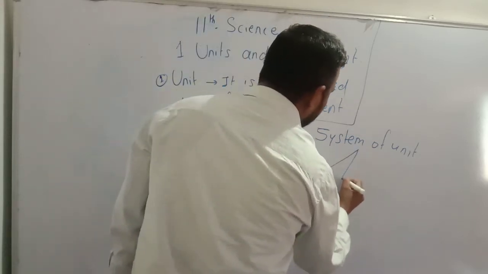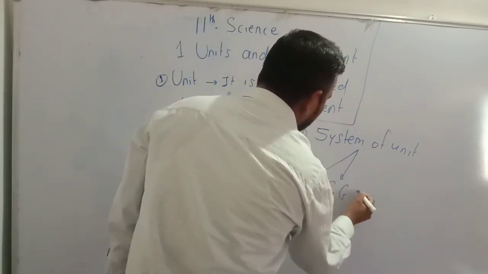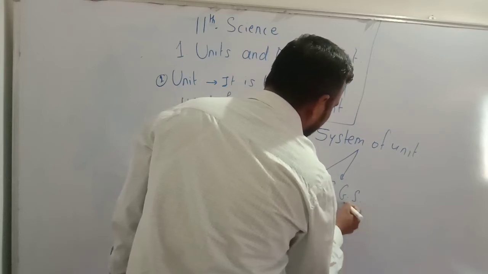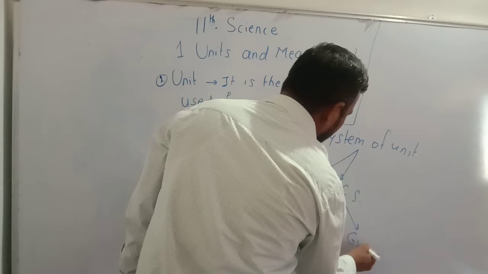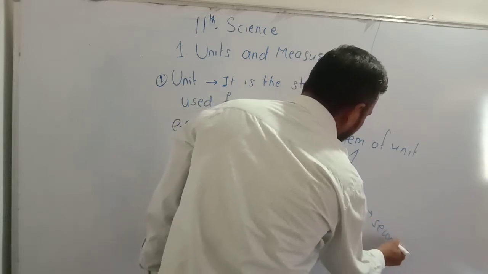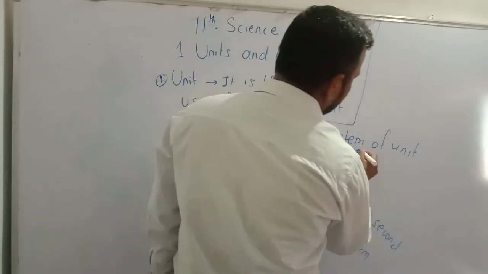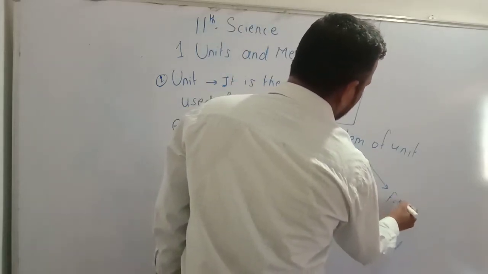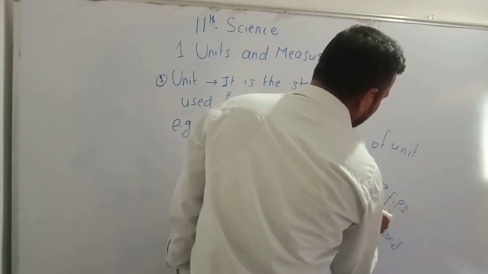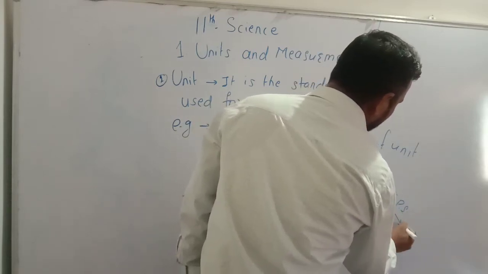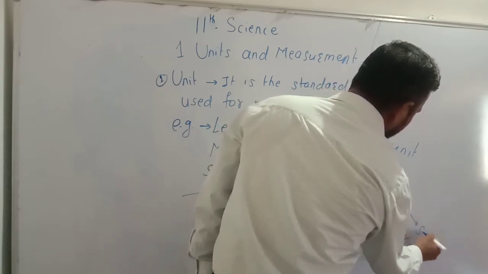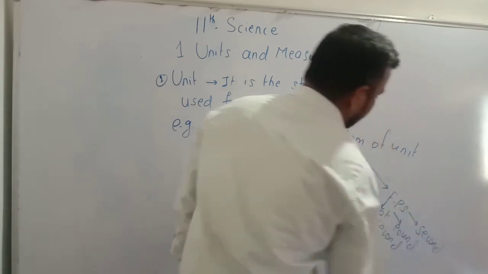Second is the CGS: C for centi, G for gram, S for second. Then FPS: F for foot, P for pound, S for second.